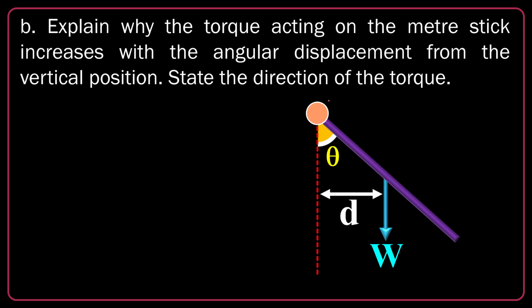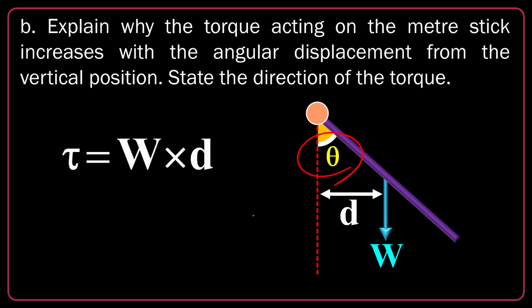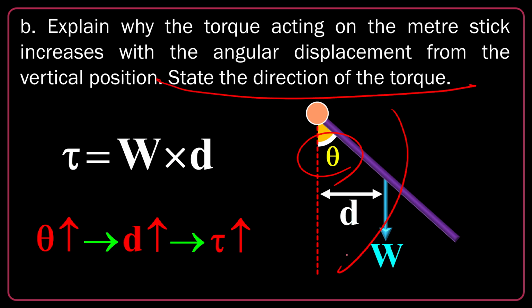We know that this distance is going to increase when the theta is increasing. So increasing theta will increase the d, and increasing the d will increase the torque. This is the reason. The stated direction is clear. It is clockwise, resistive against more deviation.